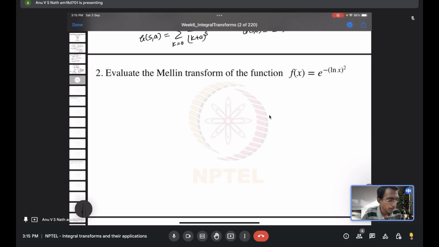By definition, the Mellin transform of the function should be the integral from 0 to infinity of exponential of minus log square x into x raised to s minus 1 dx.